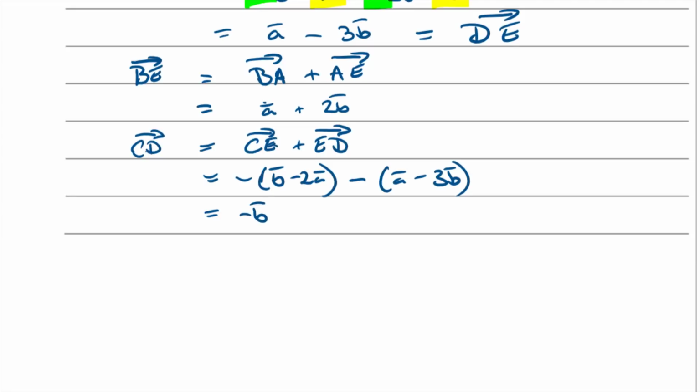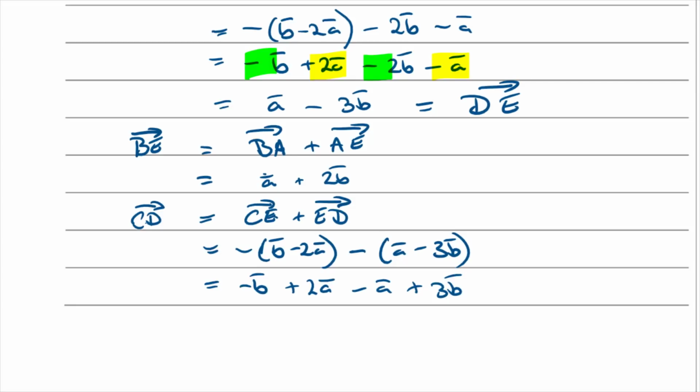Okay, and then we're dealing with all those negative signs. Minus B is just minus B. Minus negative 2A, that's plus 2A. Minus A is minus A. And minus 3B is plus 3B. Now again, collecting up like terms.